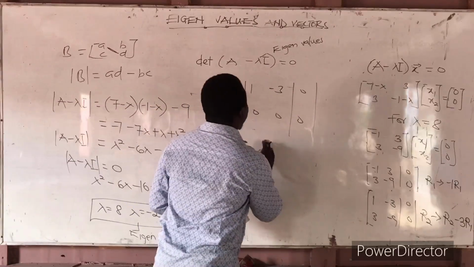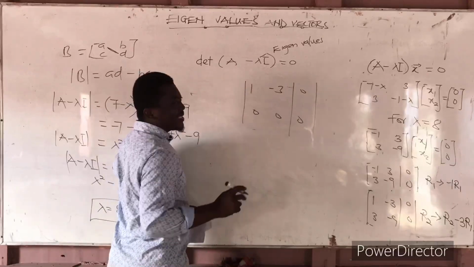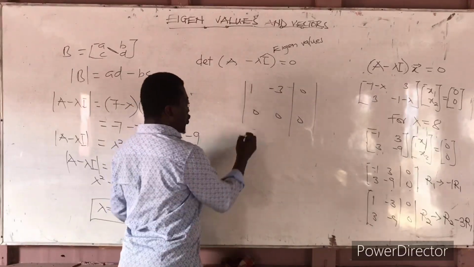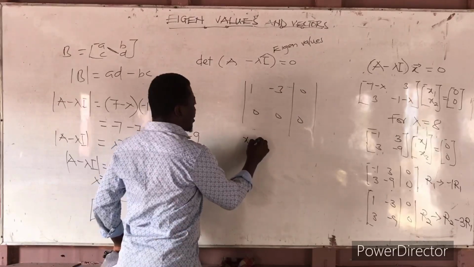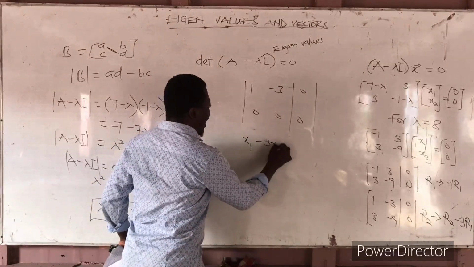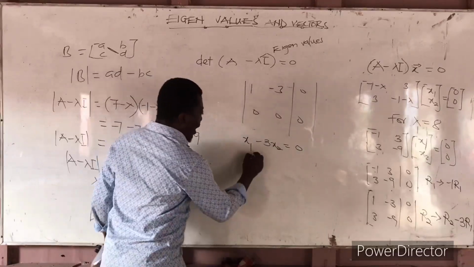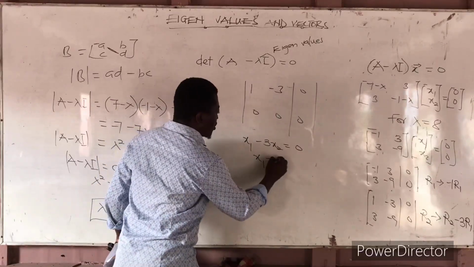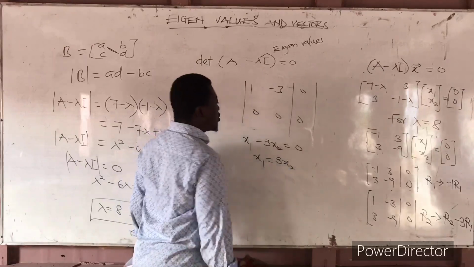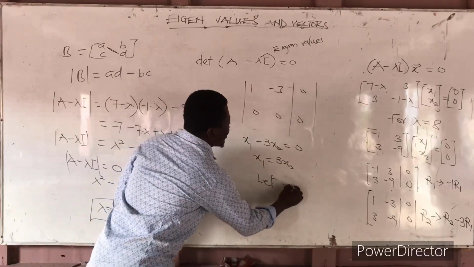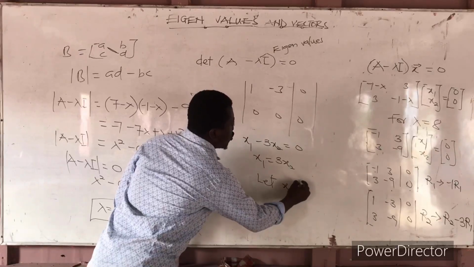After getting to this point, you remember the leading variable is x1, and the other one is x2. So it means x1 minus 3x2 is equal to 0. We are going to get x1 is equal to 3x2. So let x2 be equal to 1.